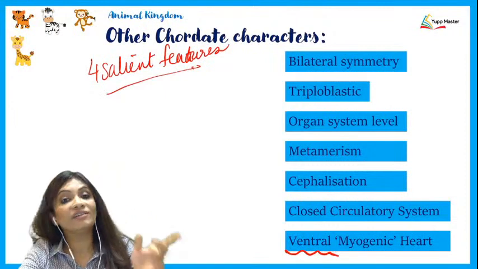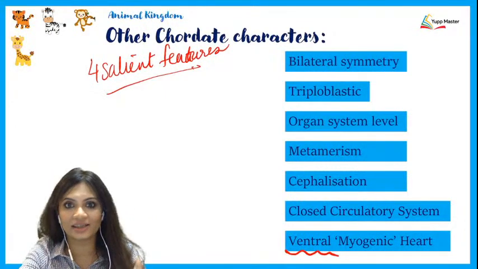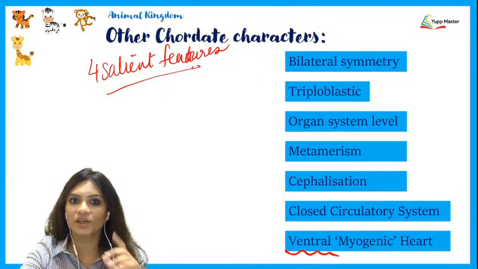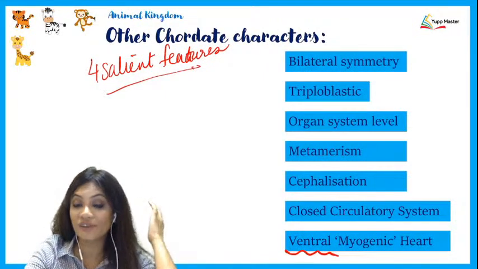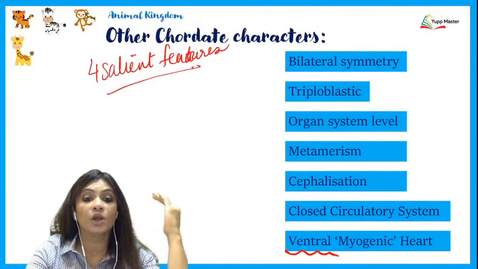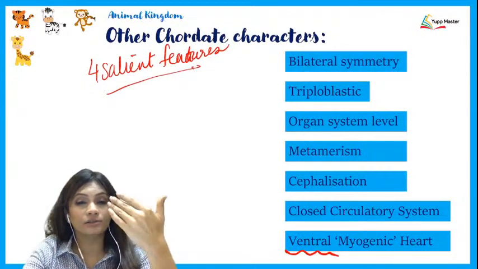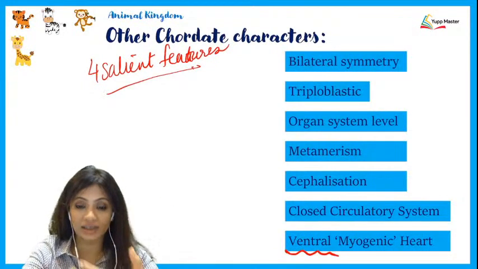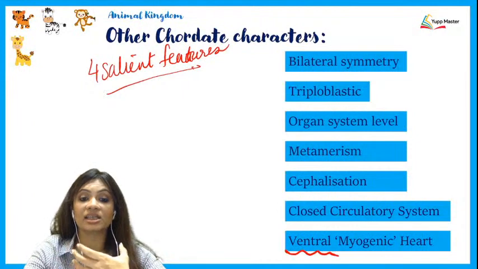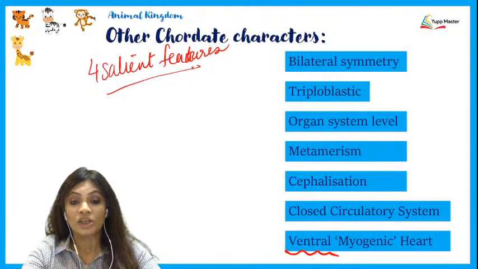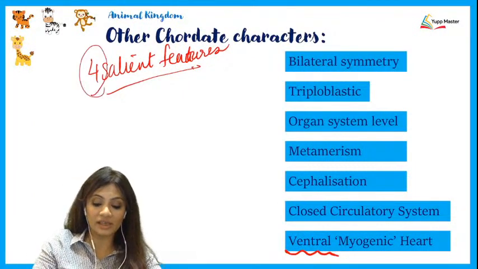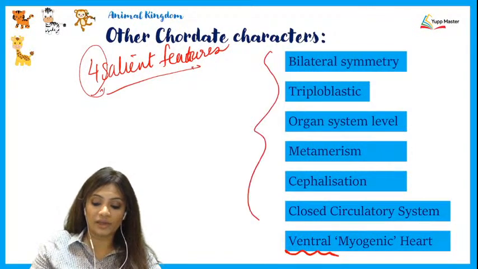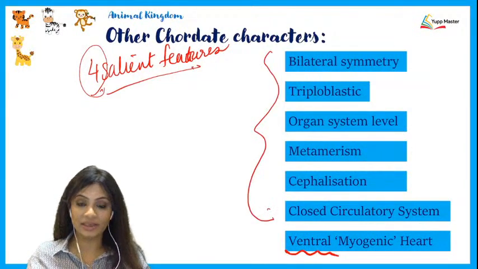But when we talk about chordates, it is exactly the opposite: the nerve cord is in the dorsal region, whereas the circulatory system, the heart, is in the front side, that is, ventral in position. So these, along with the four salient features, are other chordate characteristics.